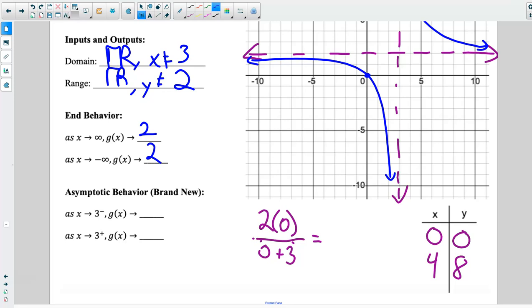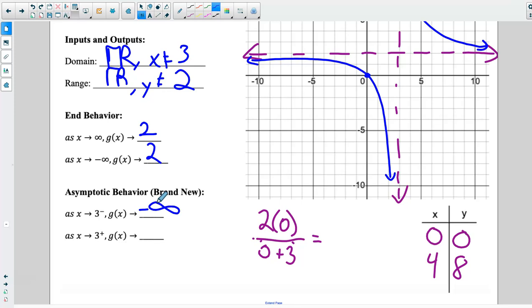If I look at positive 3, my vertical asymptote, from the left, where's it going? Negative infinity. And as I look at it from the right, where's it going?